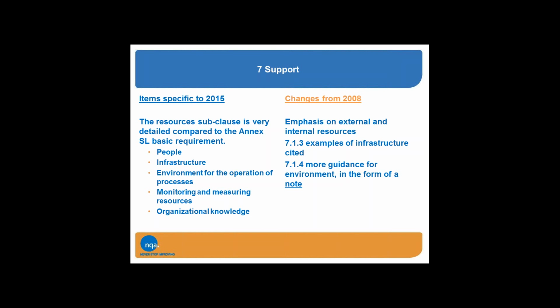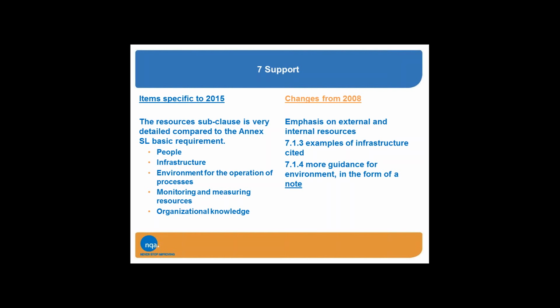And there's more guidance for the environment for the operation of processes in the form of a note. For example, it talks about human and physical factors, cultural factors, temperature, humidity, lighting. In other words, the environment, not just for the processes themselves, but for the comfort of people working in that environment.